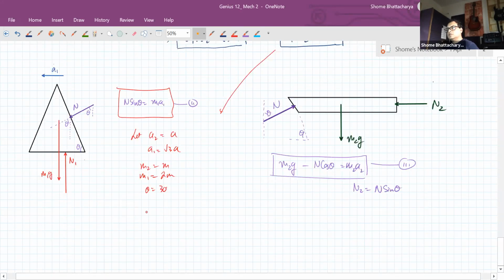So this becomes N by 2 is equal to 2M into root 3A. And this becomes mg minus root 3 by 2 N is equal to mA. So substitute N from here into this.